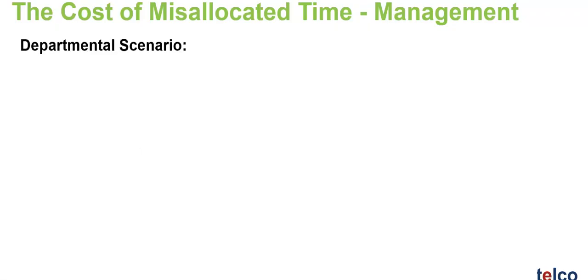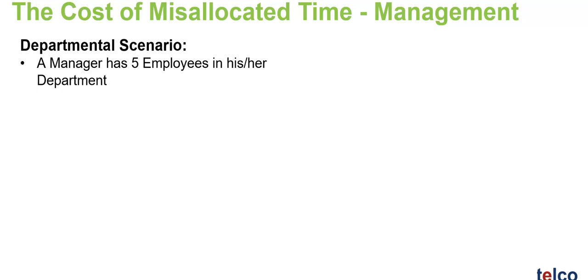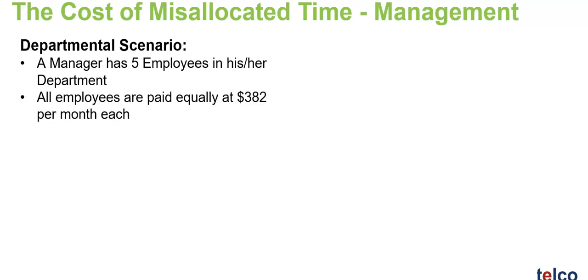So let's take a departmental scenario. We've got a manager who has 5 employees in his or her department. Each of these employees is paid equally at $382 per month.